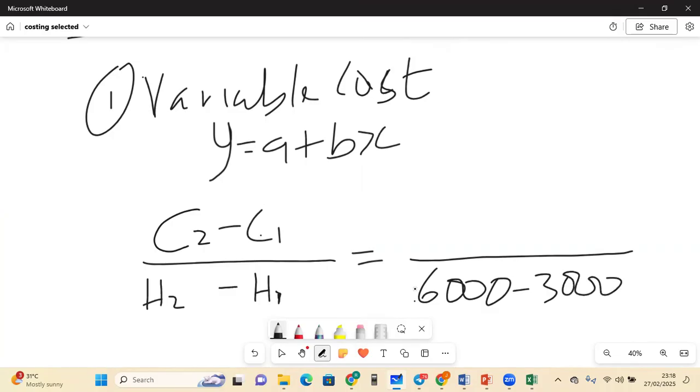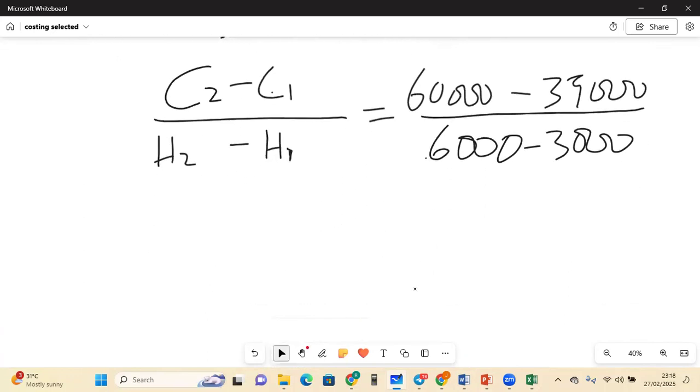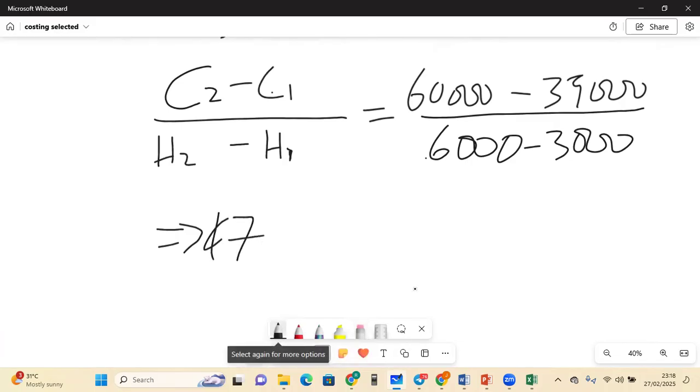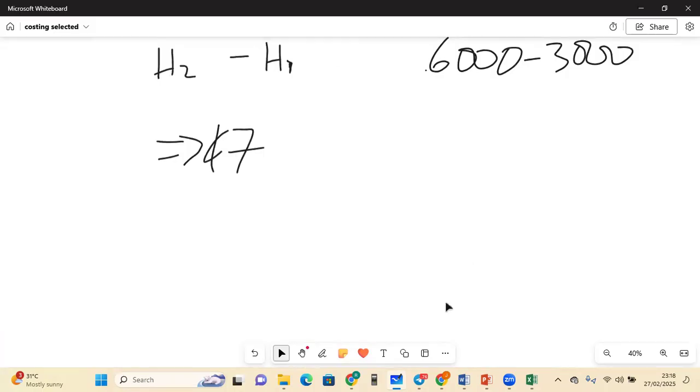The cost associated to the 6,000 was 60,000, minus the cost associated to the 3,000, which was 39,000. When we do this, we are going to get 7 cedis. So the variable cost is 7 cedi.